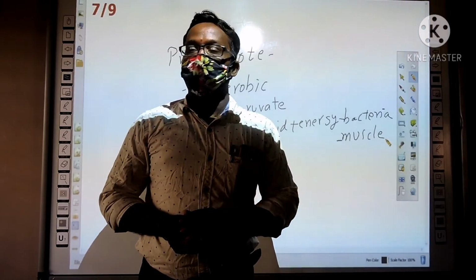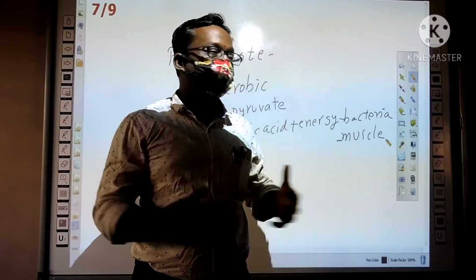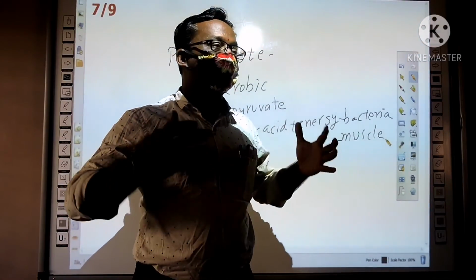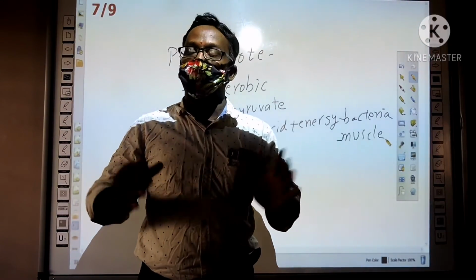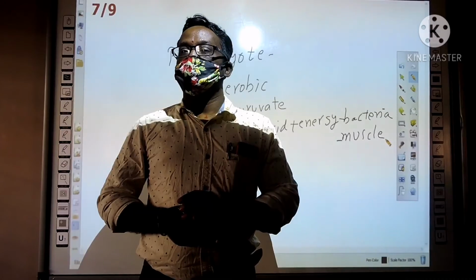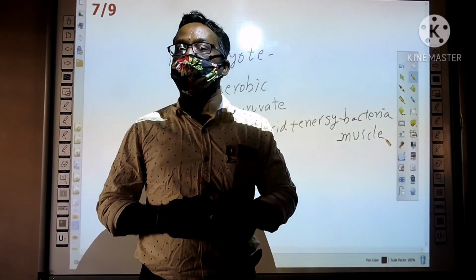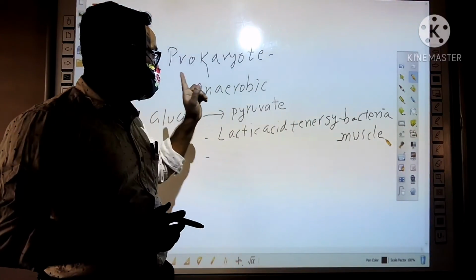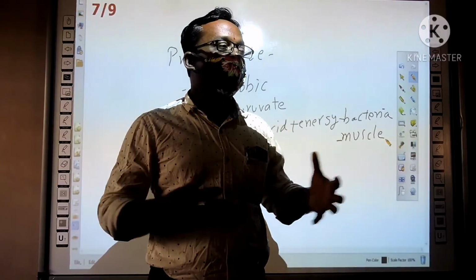Whenever you are doing very vigorous exercise, aerobic respiration does not occur because it cannot supply the energy fast enough. It's very slow. So instant energy is used by muscles by converting the glucose into lactic acid. That's why you feel some pain.